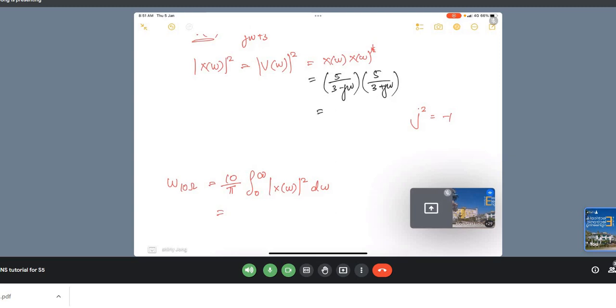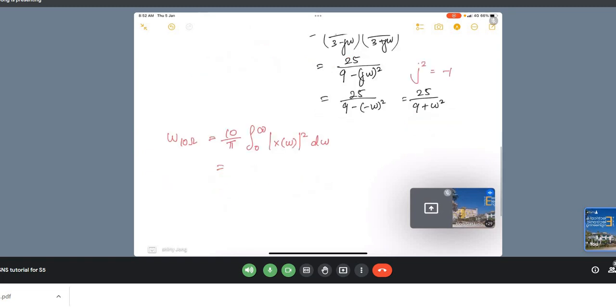Okay, so we have 25 over 9 plus 9 minus j omega squared. So we have 25, and j squared is negative 1, so negative squared, so we got 25 over 9 plus omega squared.